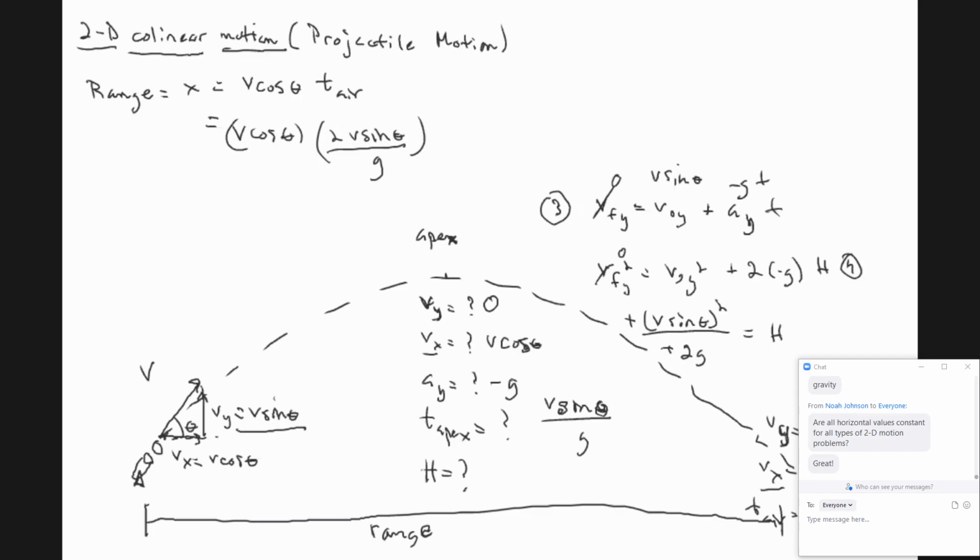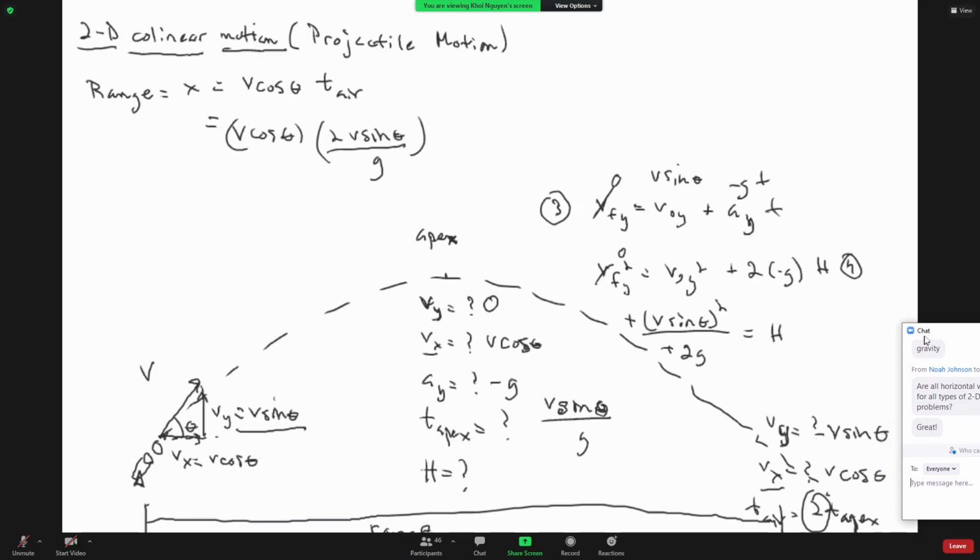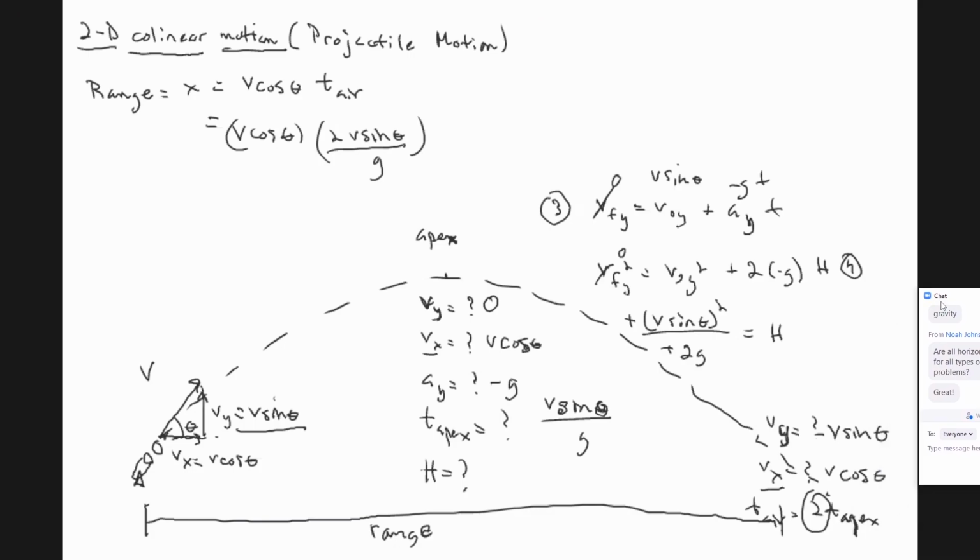Is that t air, x that you're writing? This is the range. This is velocity in the x direction, right? X is equal to v initial t plus 1/2 a t squared, but a in the x direction is 0. So this is the time in the air.